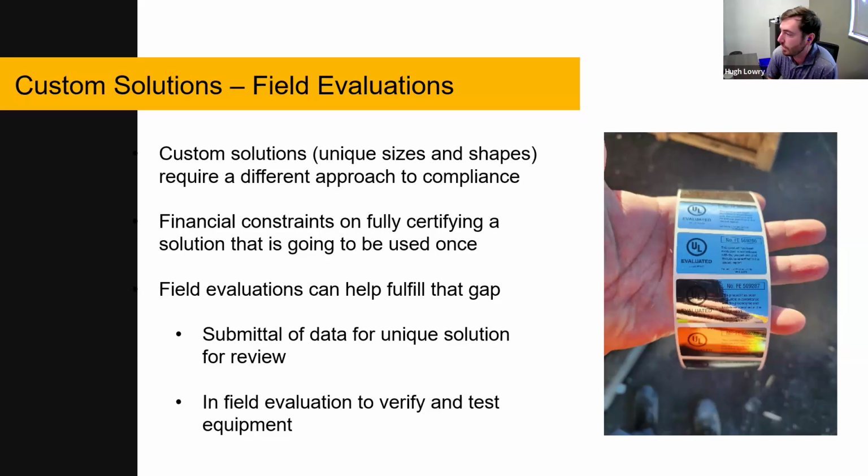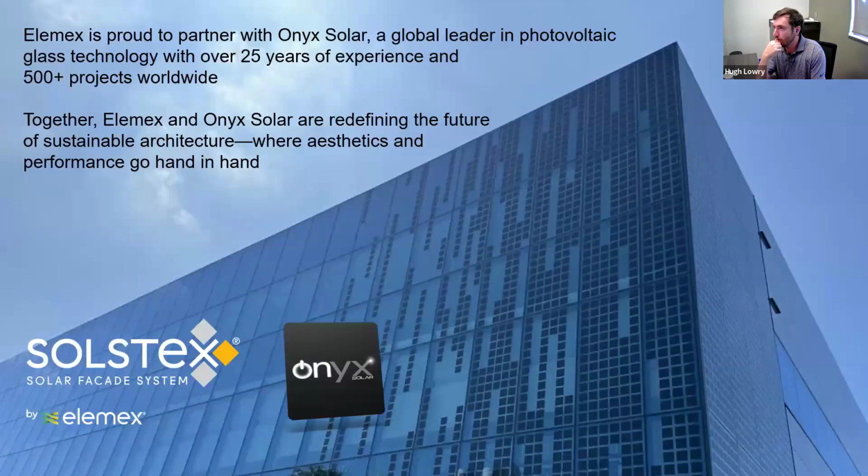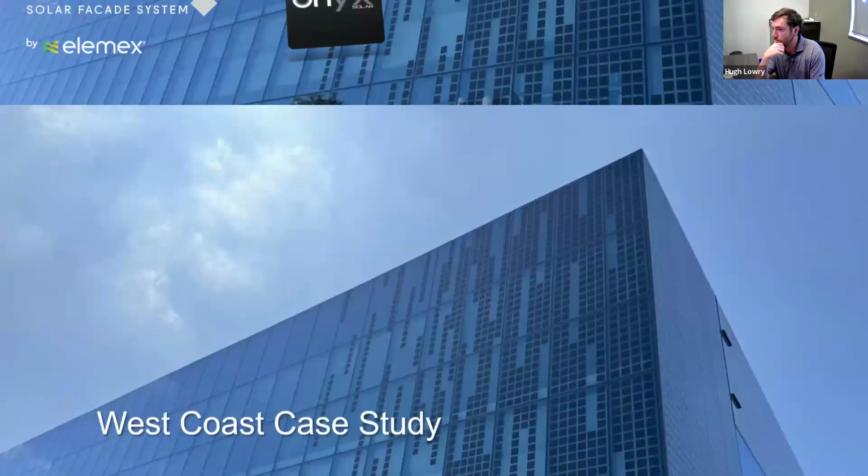You complete their testing plan, and then when you ship material to site, they come out to site to verify the materials you're shipping and installing on the project are in accordance with everything you submitted to them for review and with the testing plan as well. So that's a unique approach to certification that we do with custom solutions that we feel is very valid as well. Onyx Solar is our solar partner as well, so a lot of user experience and a lot of projects worldwide.